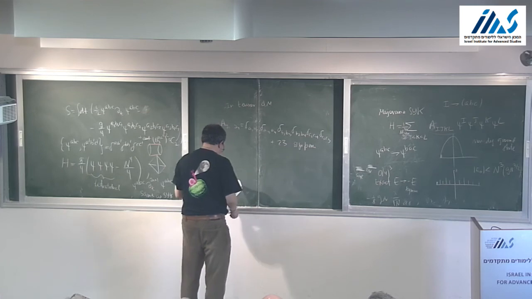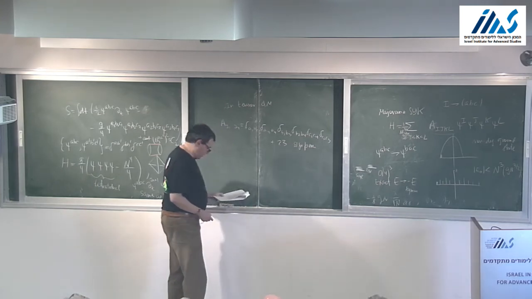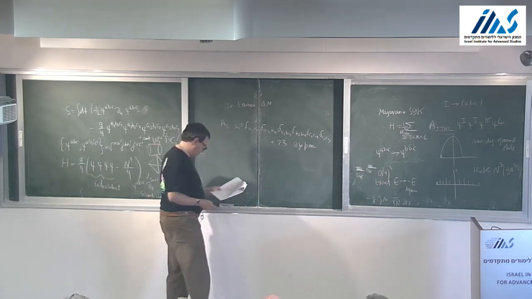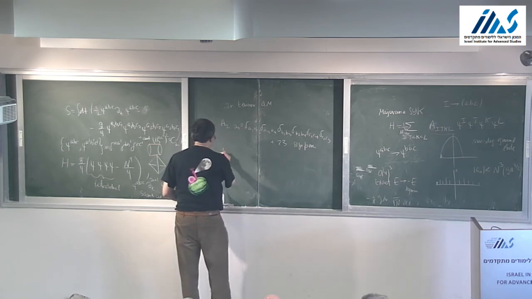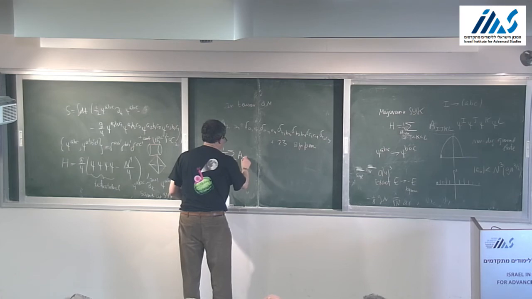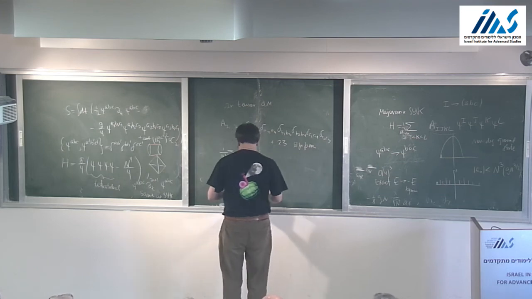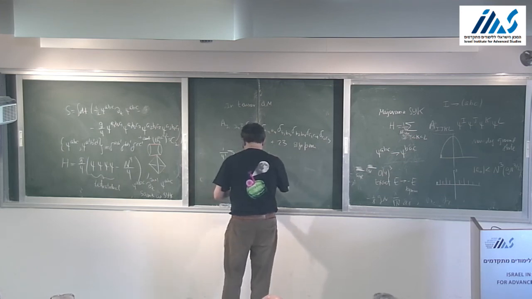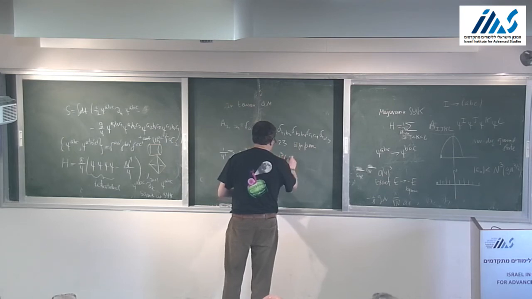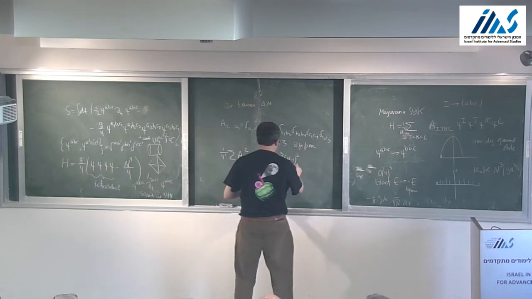Then you can compute how many are zeros and how many are non-zero by just looking at 1 over 4 factorial of the sum of these A_{I1...I4} squared. And what you get is the exact answer: 1/4 n^3 (n-1)^2 (n+2).